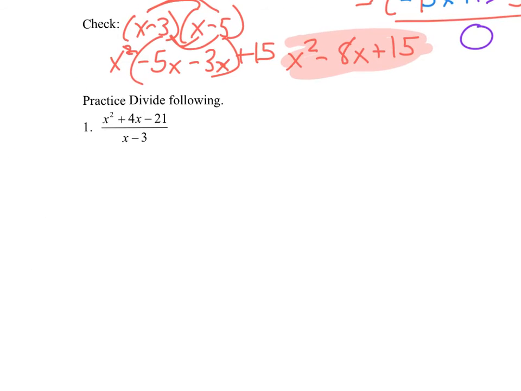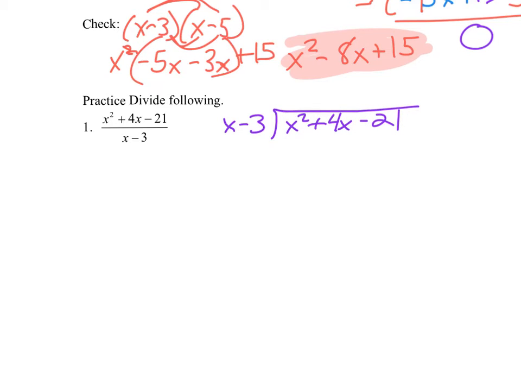All right, we're going to look at the next one. Practice dividing x squared plus 4x minus 21 by x minus 3. Okay, so x minus 3 into x squared plus 4x minus 21.